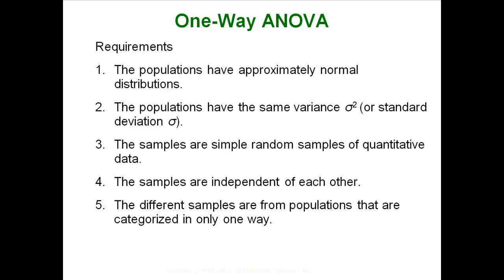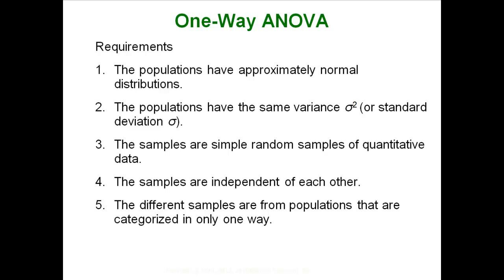Later on, we'll look at how we can handle data that's categorized two ways, and that will be the two-way ANOVA. With the one-way ANOVA, our requirements are that the populations have approximately normal distributions. So you should be doing your histograms and your normal quantile plots and different things to test that your samples come from normally distributed populations.